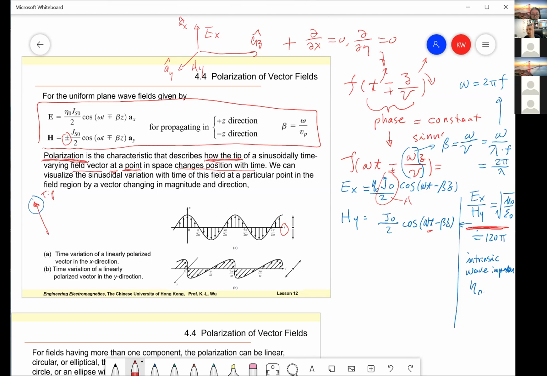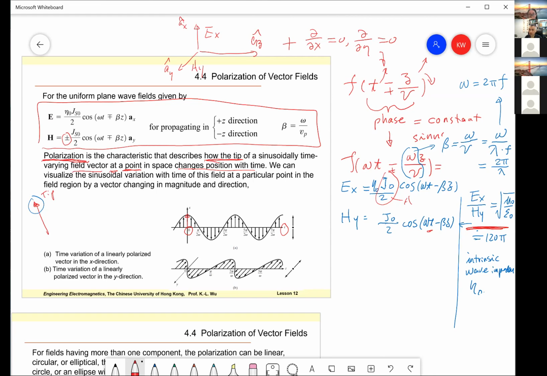A reference time, let's say we call this time instant 0. So we have the tip upward, and then if I use a lens to measure the magnitude of the electric field.